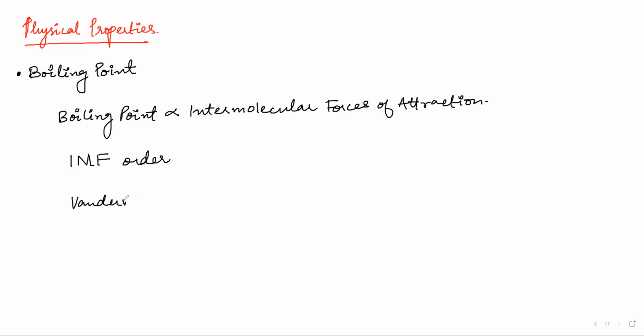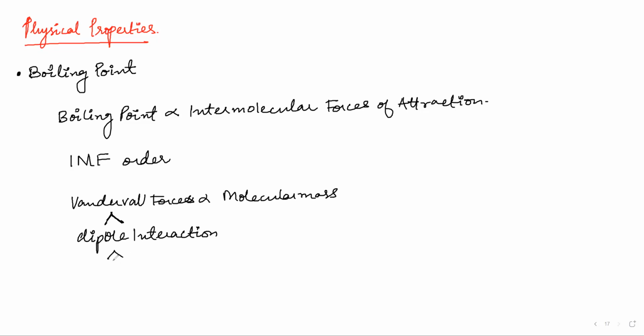Van der Waals forces are directly proportional to molecular mass. This is the least. Then greater than this, you will have dipole interaction. Greater than dipole interaction, you have hydrogen bonding.